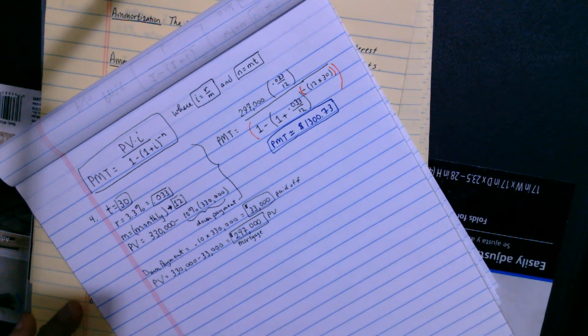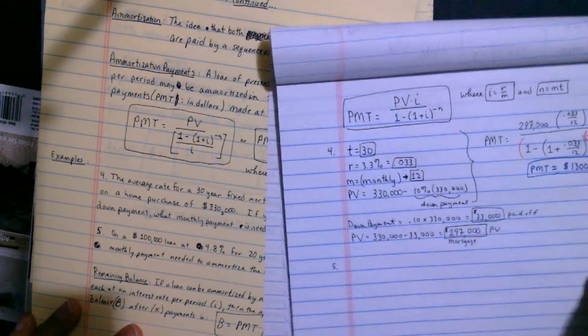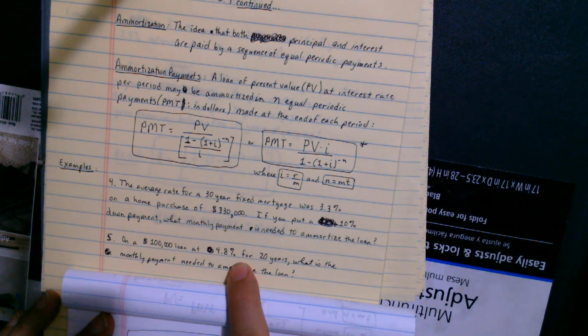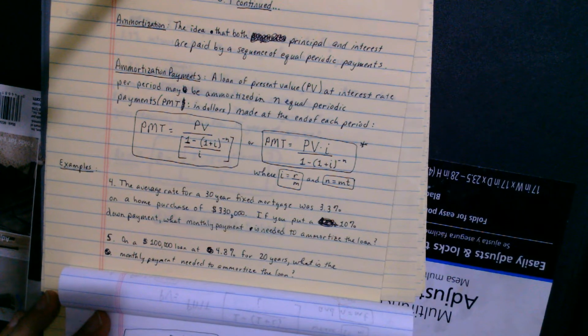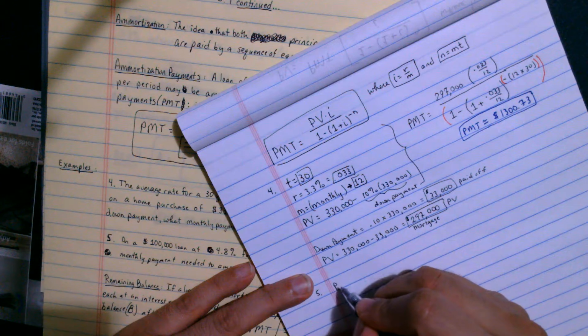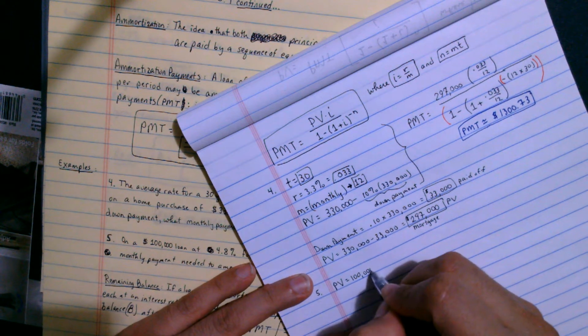So now let's hit number 5. The same idea. On a $100,000 loan at 4.8% for 20 years, what is the monthly payment needed to amortize the loan? This one doesn't have a down payment. This is just a straight up $100,000 loan. So your present value is $100,000.